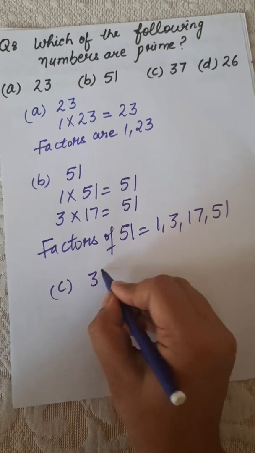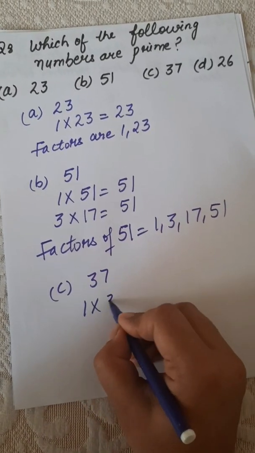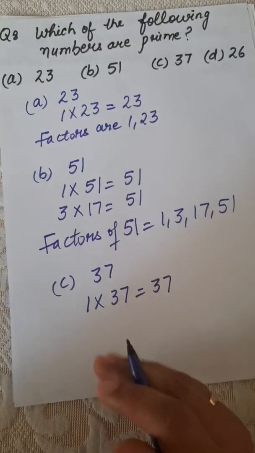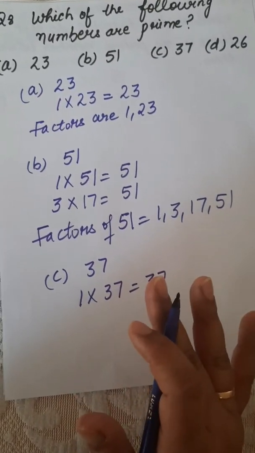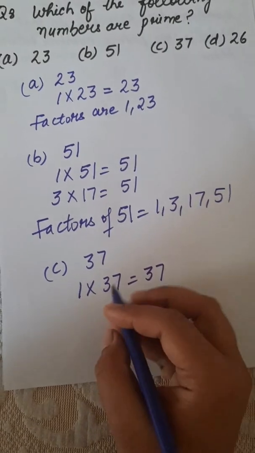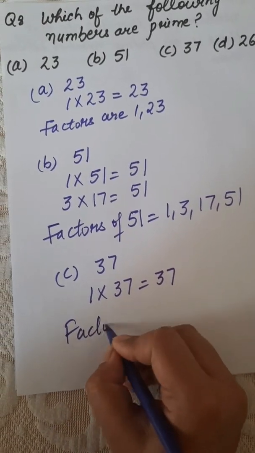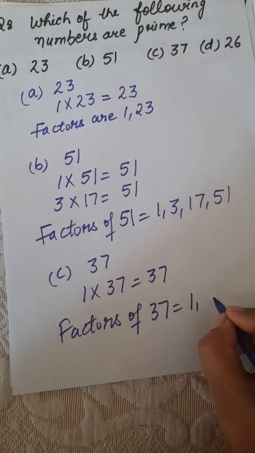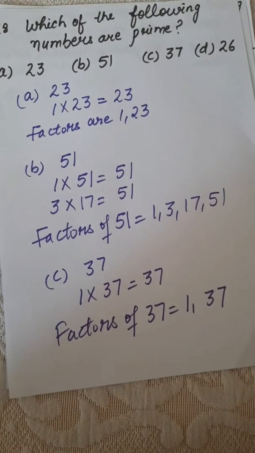Here the C part is 37, and we have 1 multiplied by 37 is 37. If you check, you don't get any other number that you can multiply to get 37. So here the factors of 37 are 1 and 37.